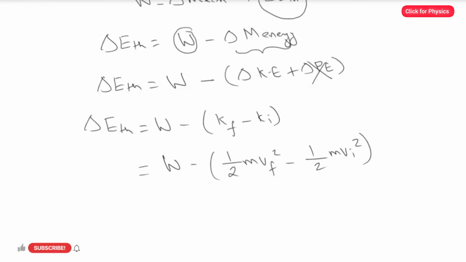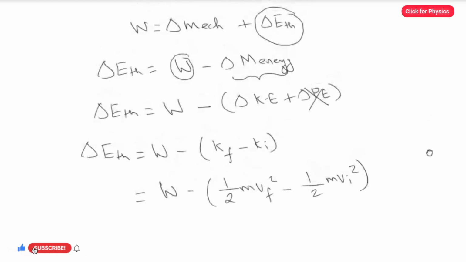The v final and v initial values are already given in the question. The initial speed they mentioned in the question as 0.6 meter per second, and the final speed as 0.2 meter per second. And the value for the work done, we have to get from the first part. Let's go back to the question for the first one.